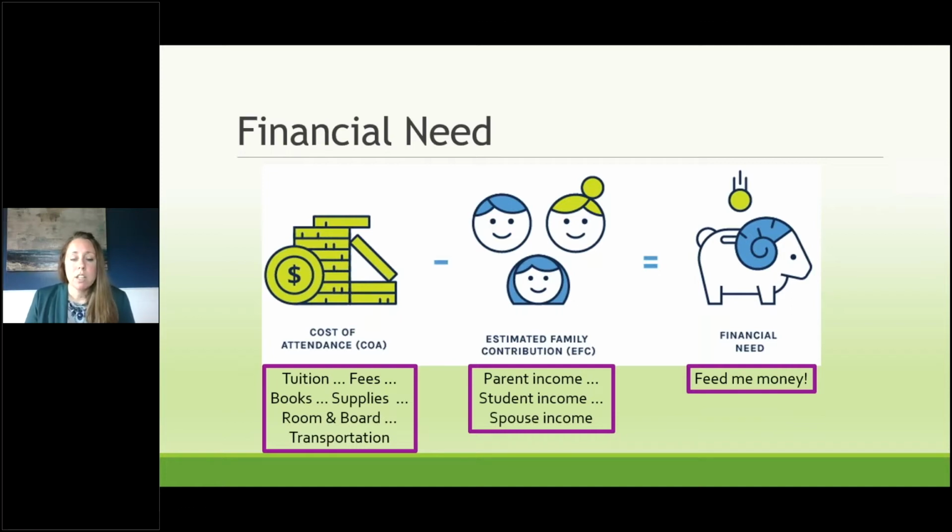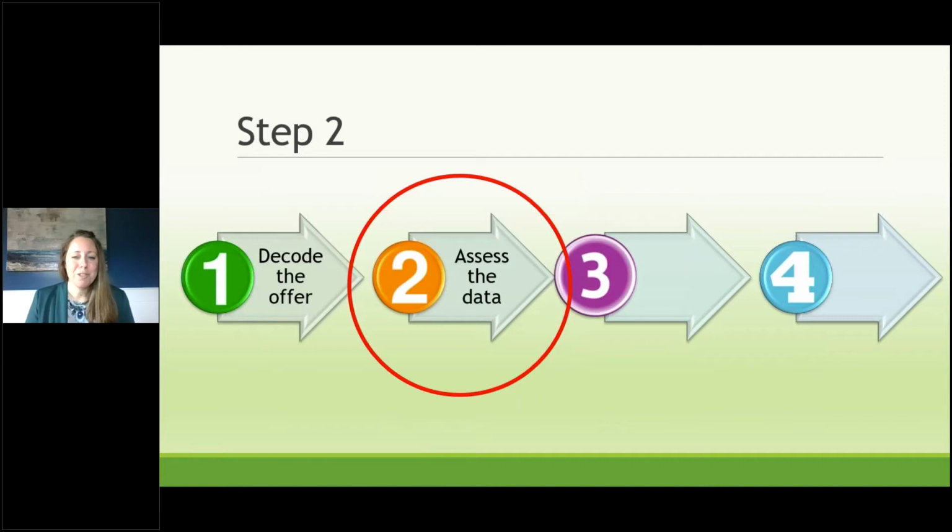The financial need is where we figure out, all right, how are we going to fill this hole? Are we going to have scholarships? Are there student loans? Is there a combination? How are we going to fill this need so that the student is able to attend college and do so seamlessly?